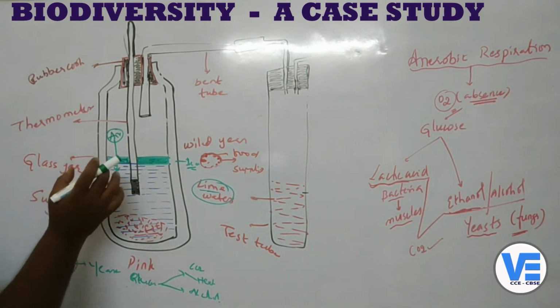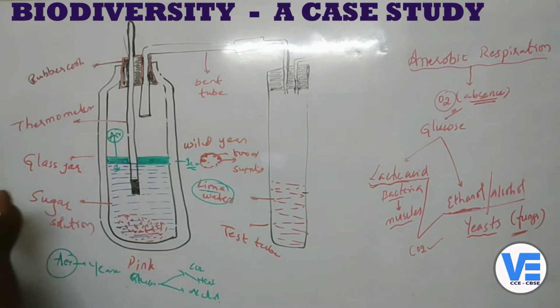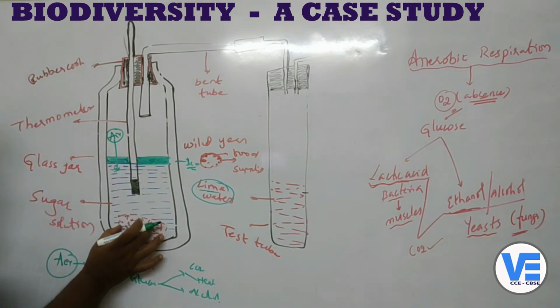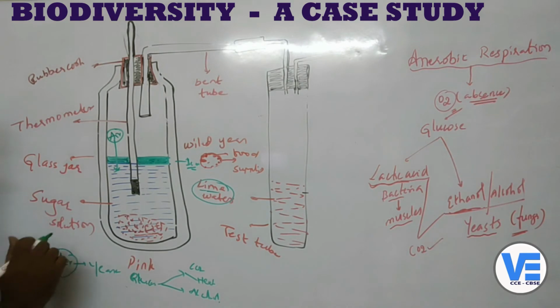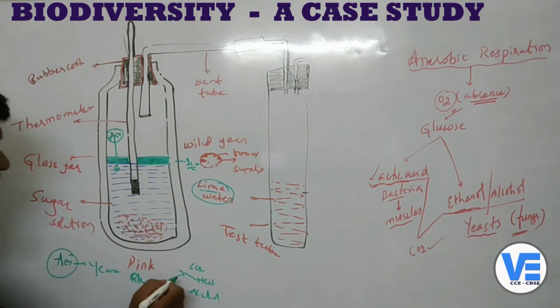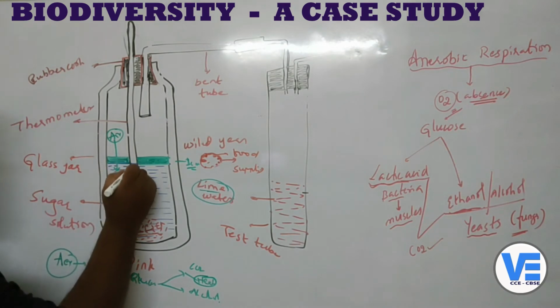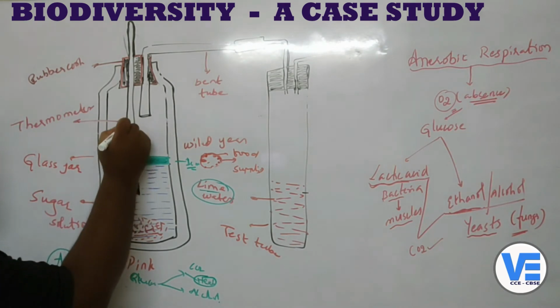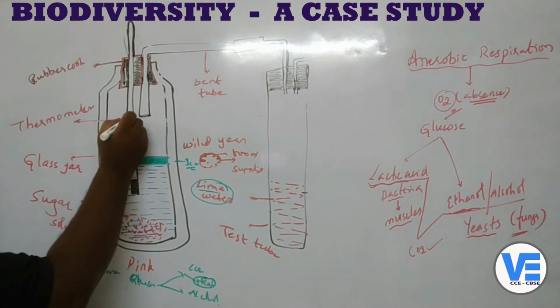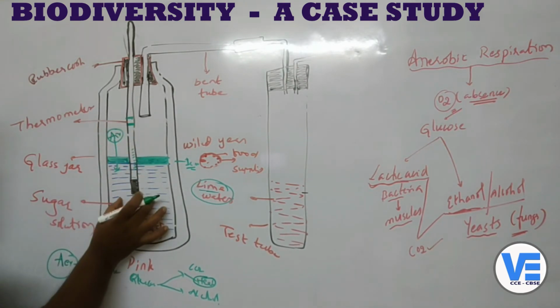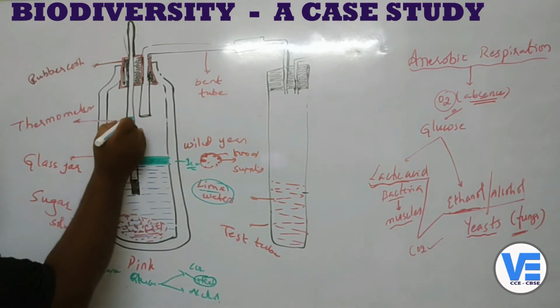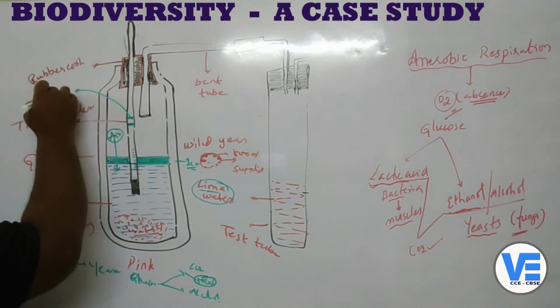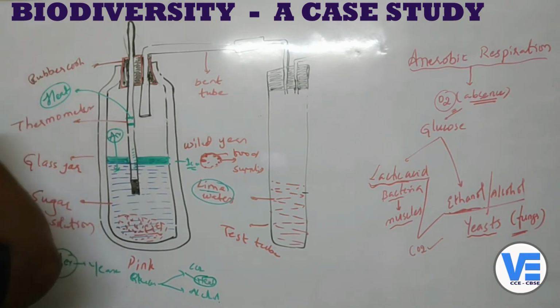The first thing we can observe here is that the yeast cells are respiring. When they respire, they also produce heat, so the mercury in the thermometer will rise. That means this respiration process is releasing heat.